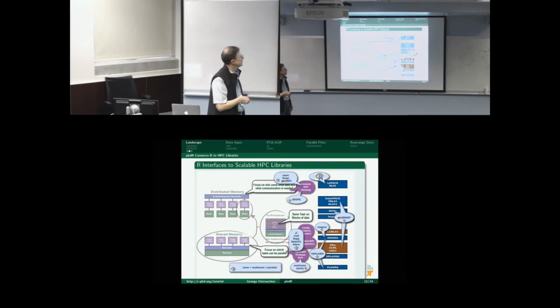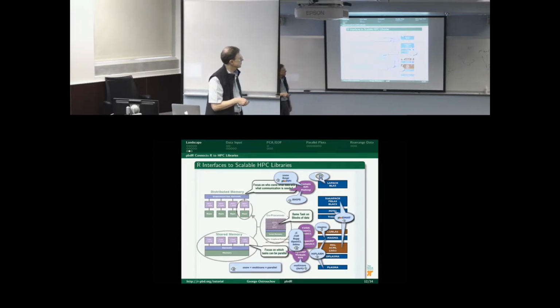It works at this low level, but there's all this incredible stuff available, and it's really much better to connect at that level if you can. Primarily the package pbdDMAT and some of the other packages underneath that are the ones that connect to some of these libraries. There are a couple of other things too.